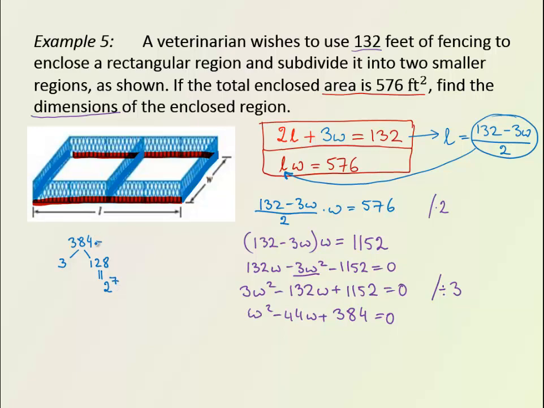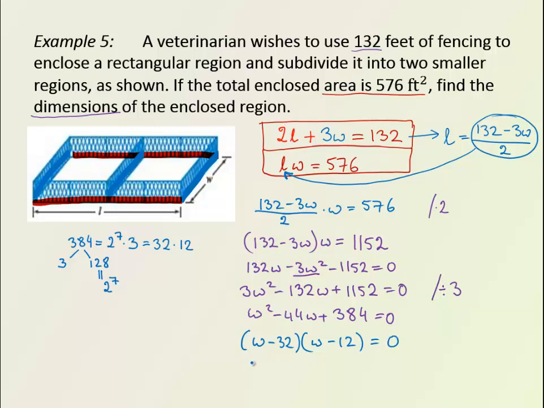So the prime factorization of 384 is 2 to the 7th times 3. Now it happens that if we break this product into 32 times 12, these two numbers add up to 44 and they multiply to 384. Therefore, our trinomial can be factored into W minus 32 and W minus 12 equals 0.